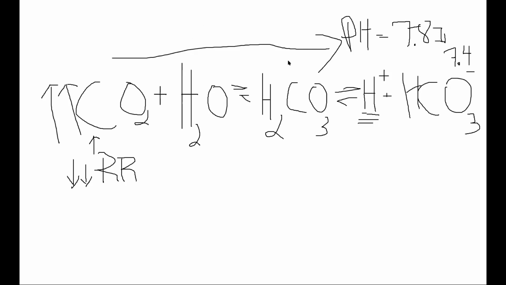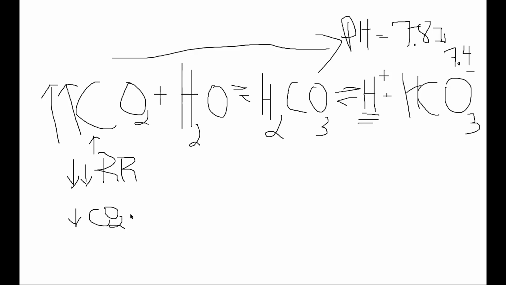So we know that if we increase the carbon dioxide, we can increase hydrogen. What happens? Well, the opposite's true. If we decrease the carbon dioxide in our body, well, that was bad, right? If we decrease the carbon dioxide, then we will decrease the amount of hydrogen we produce, right?